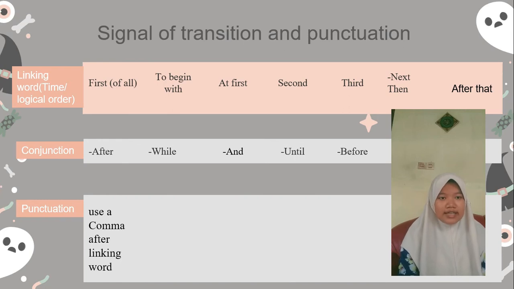You can see in the pink line. Okay, the second is conjunction. Both subordinating and coordinating are used in process paragraph, like the examples: after, while, and, until, and before. And the last is punctuation. Punctuation is to use a comma after linking word.